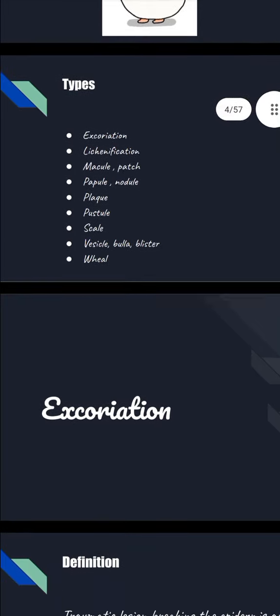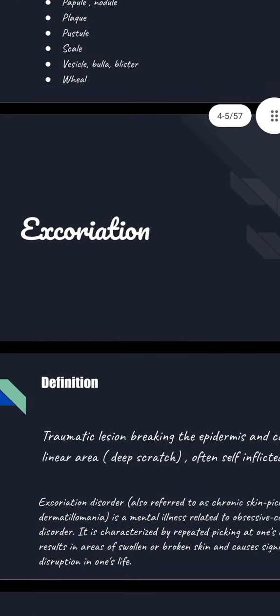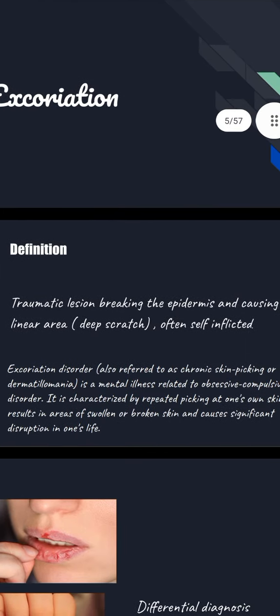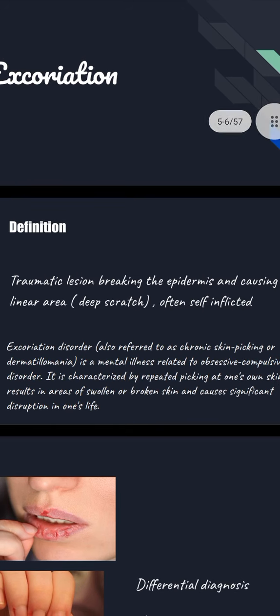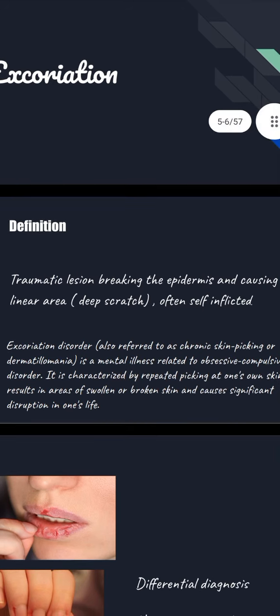Firstly, we discuss excoriation. The definition of excoriation is a traumatic lesion breaking the epidermis and causing a linear area of deep scratch, often self-inflicted.